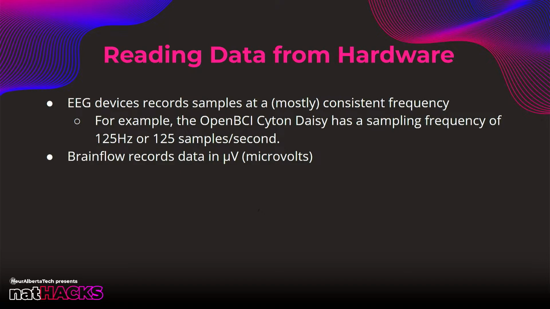Another thing is that the data BrainFlow records is in microvolts. That's something you have to keep in mind if you're going to be using the MNE library, which I'll mention lightly towards the end. But you have to be aware of the units of the data that you're working with.